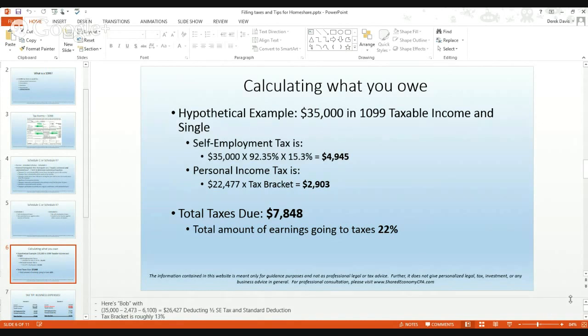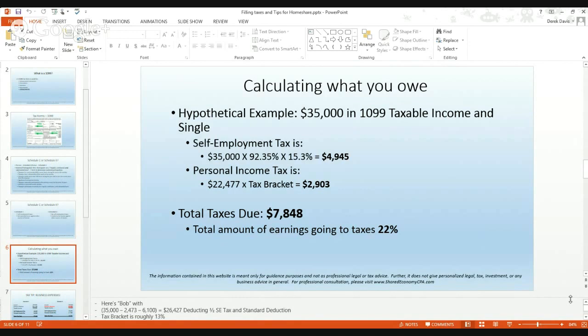So if you look at the personal income tax number, it's currently $22,000. How I arrived at that figure is $35,000 minus your standard deduction minus your exemption, which is one person as you were a single filer, and you can actually deduct half of your self-employment tax.